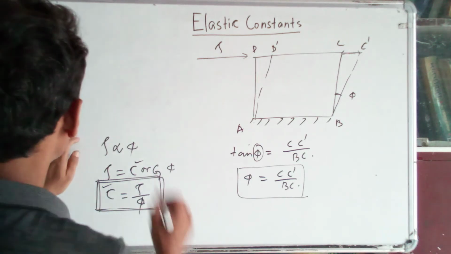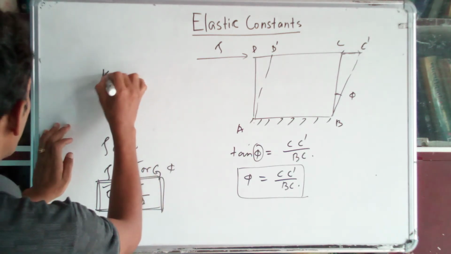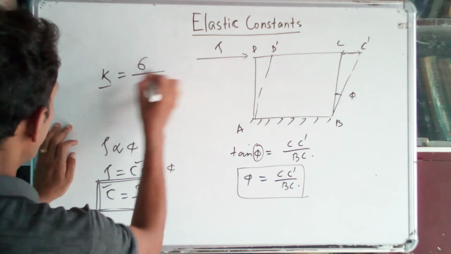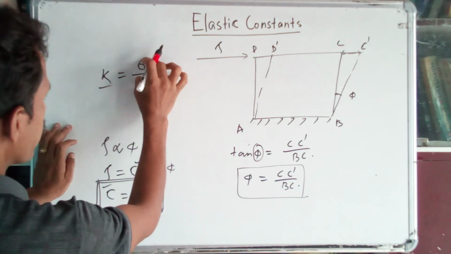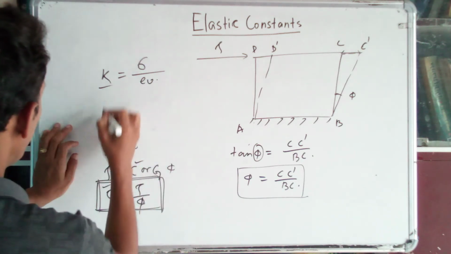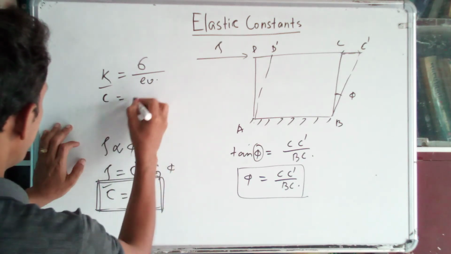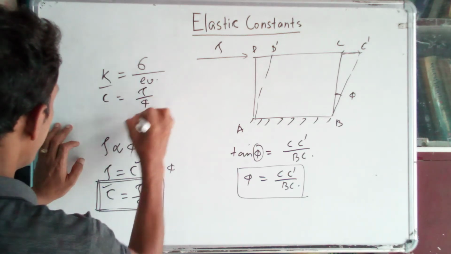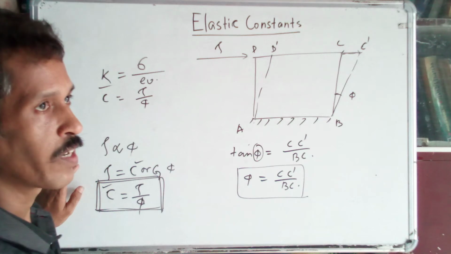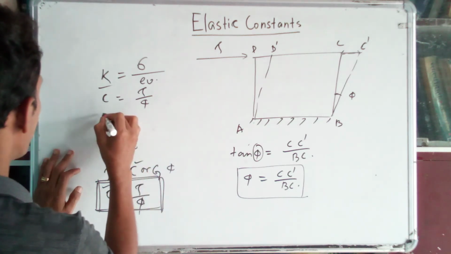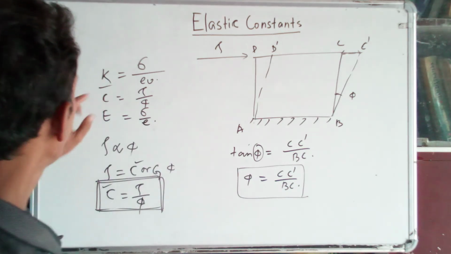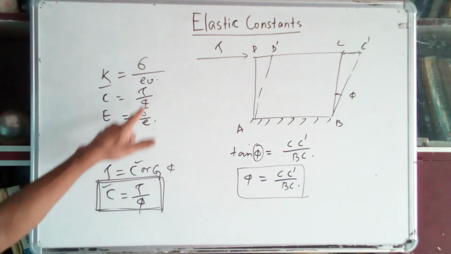So what we have got? We have got bulk modulus K equal to hydrostatic stress divided by volumetric strain. Then we have got C, that is shear stress by shear strain, and another elastic property, Young modulus, sigma by E, stress proportional to strain.